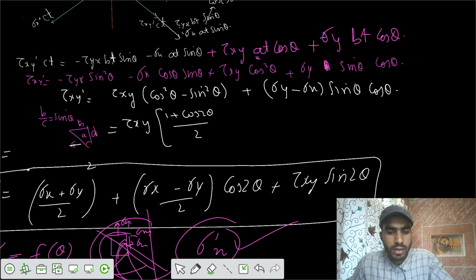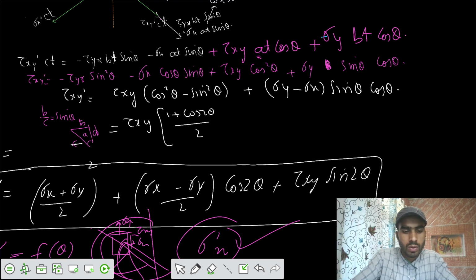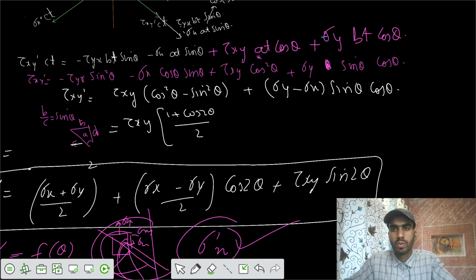Yes, cos square theta is 1 plus cos 2 theta by 2.